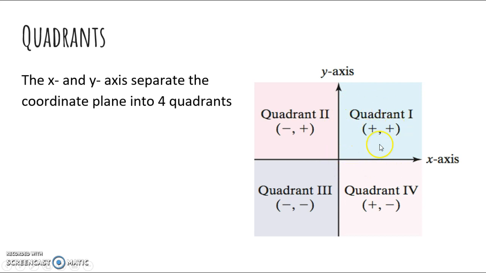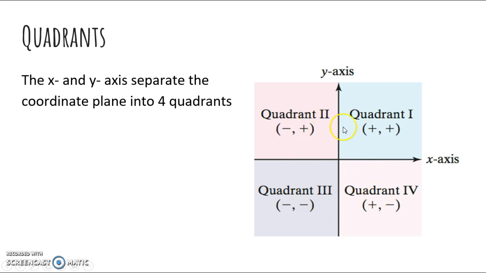So all the points in quadrant 1 have positive x's and positive y's because you move right and you move up. All quadrant 2 points have negative x's because you move left and positive y's because you move up. And then quadrant 3, they're both negative because you move left and you move down. And then for quadrant 4, it's positive x's and negative y's.